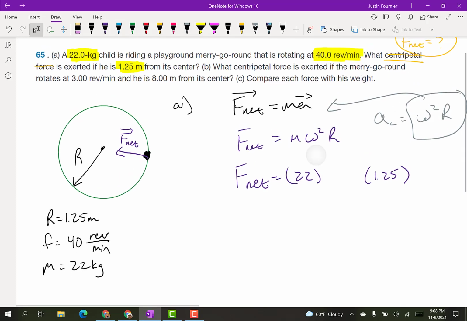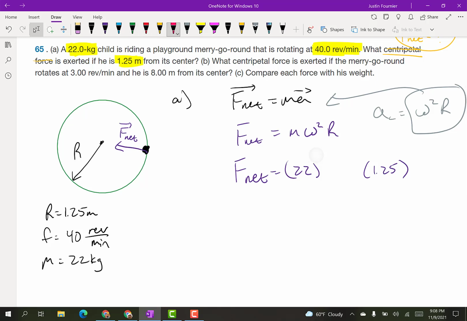So basically what I'm going to have to do here is I know that I have a 40 revolutions per minute frequency. I want to convert that to seconds, because here's the thing. Omega, angular frequency, is specifically defined as being radians per second.